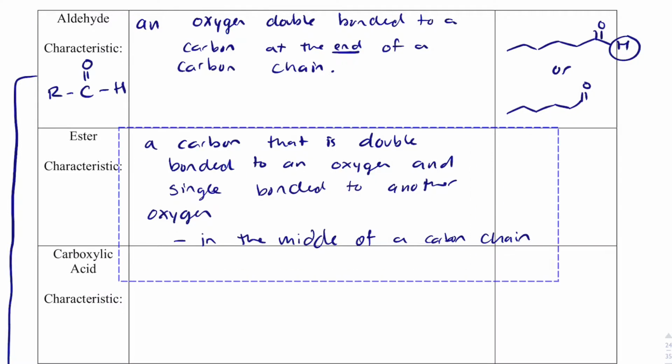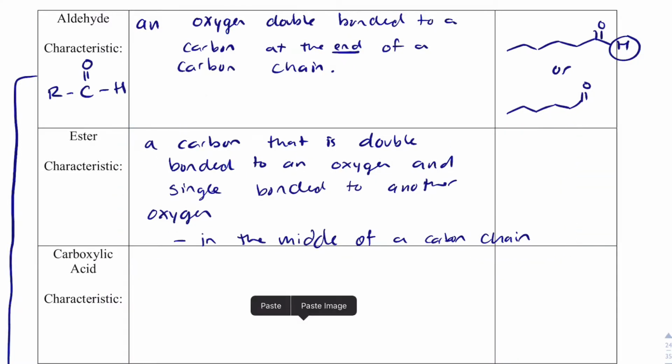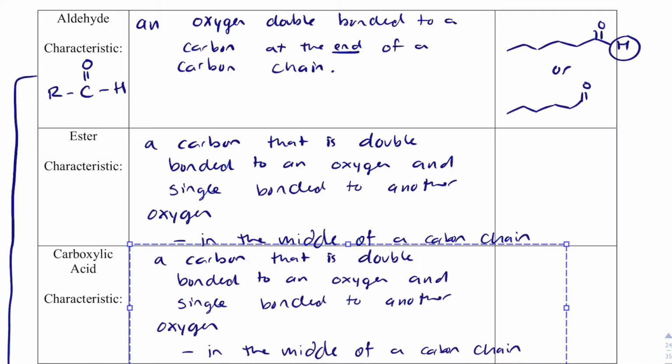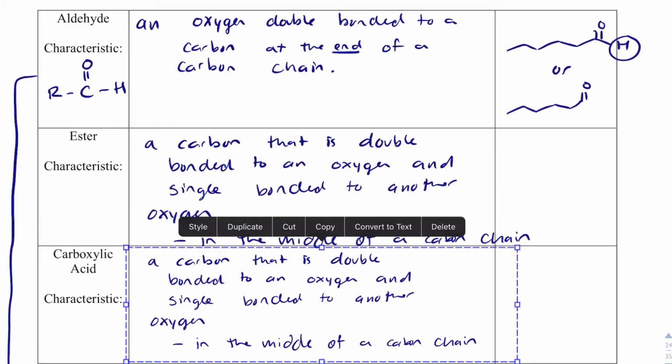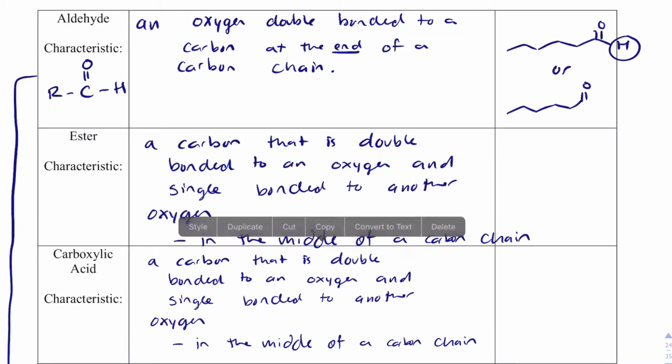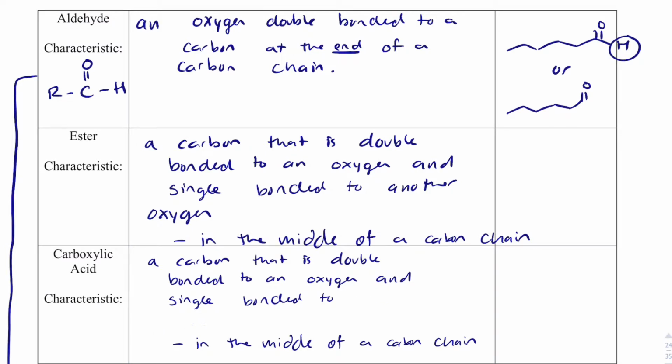Now, the same definition, I'm going to alter it when I get to carboxylic acid here. So it's going to be a carbon that is double bonded to an oxygen and single bonded not just to an O, but single bonded to an alcohol group, which is an OH group. And by definition, this is going to force it to be at the end of a carbon chain.